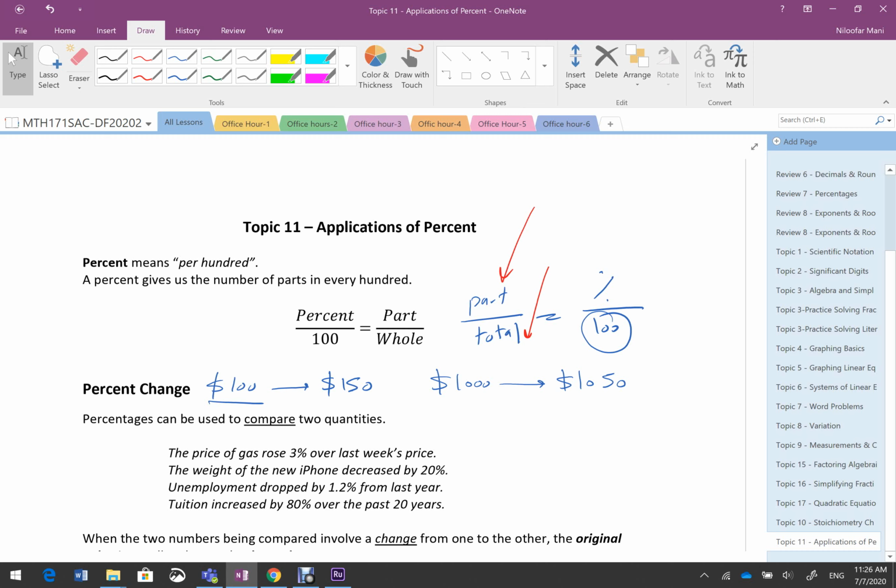So for example, I say 30% in my class didn't attend office hours. This doesn't mean I have 100 students and 30 of them didn't come. No, this means I consider the total number 100, and then I can make a proportion and find the answer.